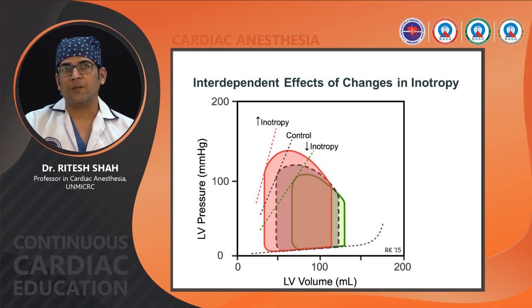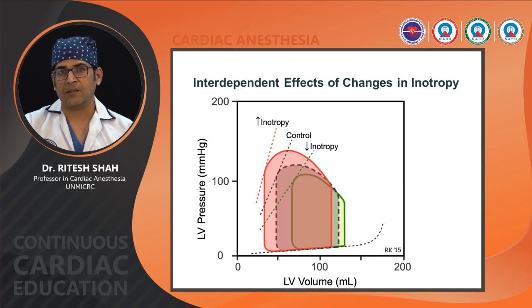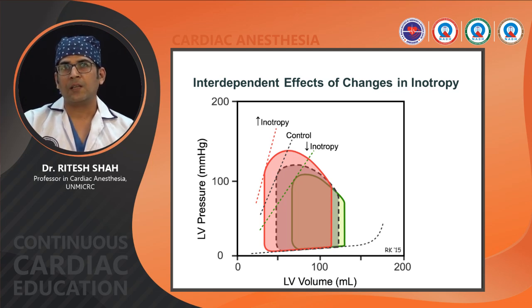But as stroke volume is increased, in the next cycle, because of the increased stroke volume, it increases the systolic and diastolic blood pressure, so it increases the afterload, and this increase in the afterload reduces the stroke volume. So the heart tries to maintain the same stroke volume around a change in the inotropy, or a change in the preload, or a change in the afterload.